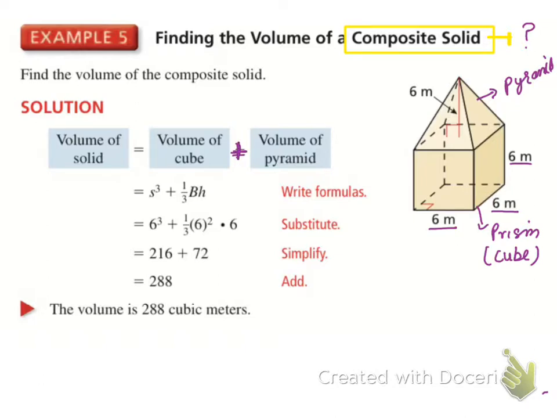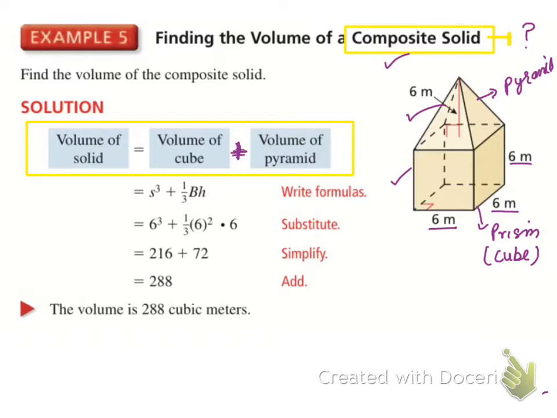They together make the composite solid. If I have to find the volume of the whole composite solid, I would be adding the volume of the top and bottom. The bottom is a cube, so the volume of the solid is volume of cube plus volume of pyramid. The cube is base area times height.